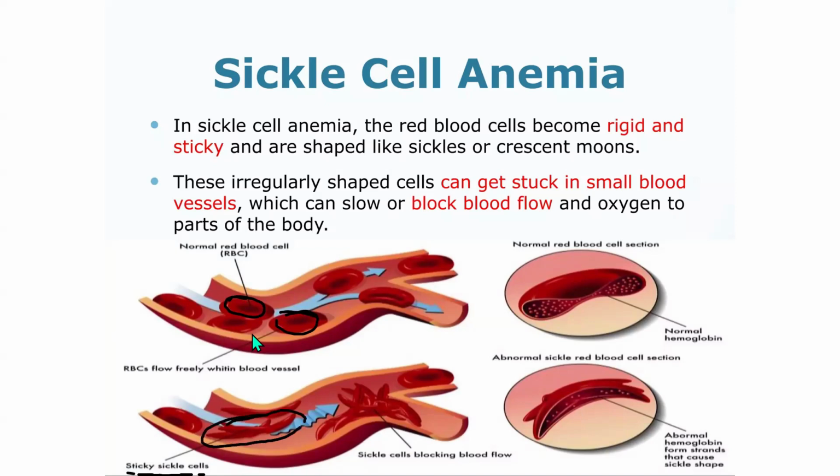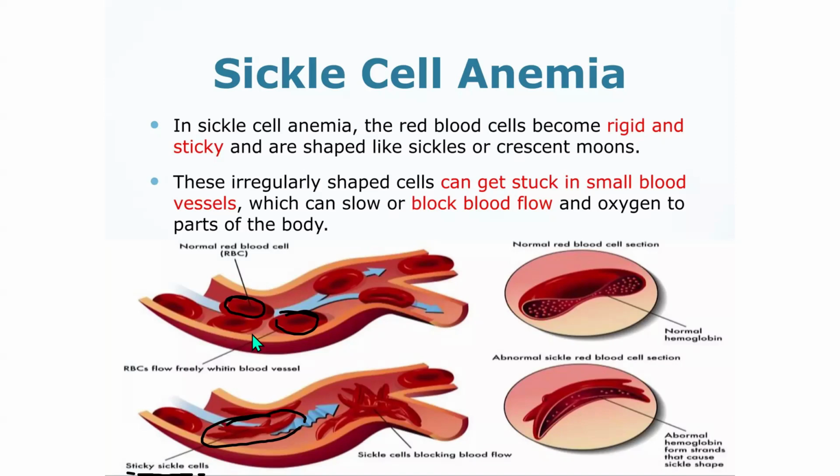It becomes sticky, and its shape changes like a crescent moon. These irregular shaped cells can easily get stuck in the small blood vessels, which can slow or block blood flow and oxygen to parts of the body.